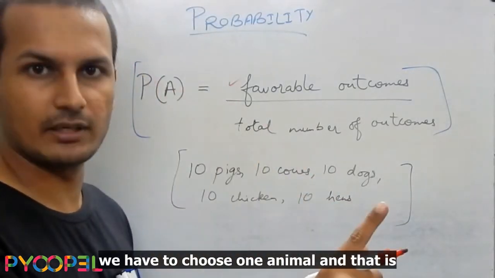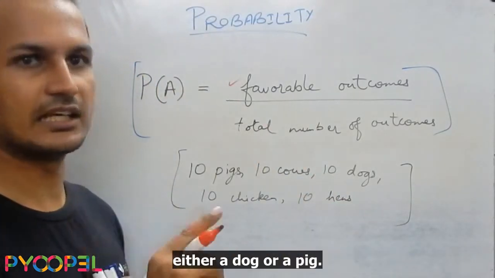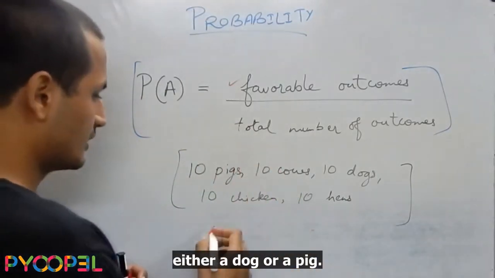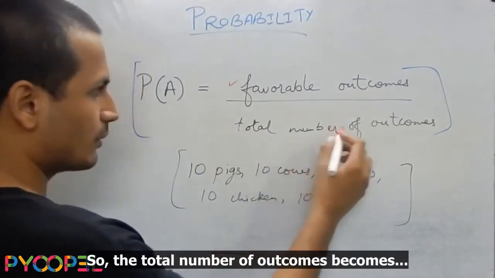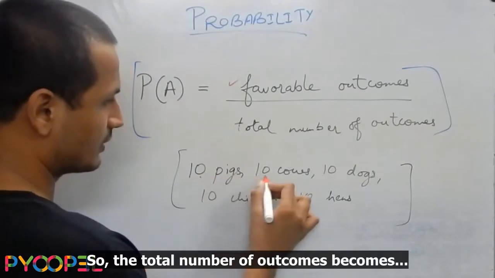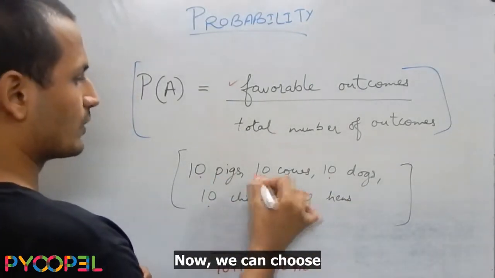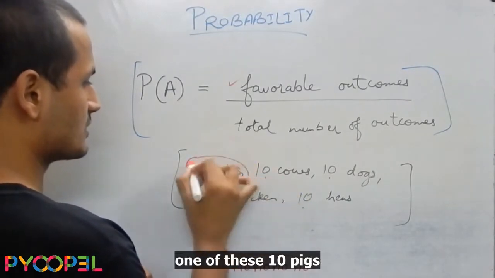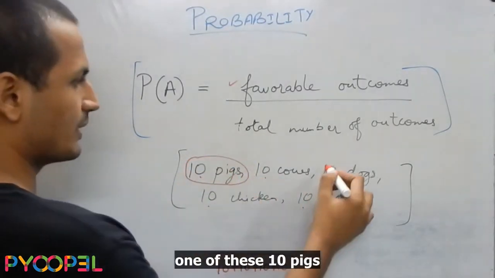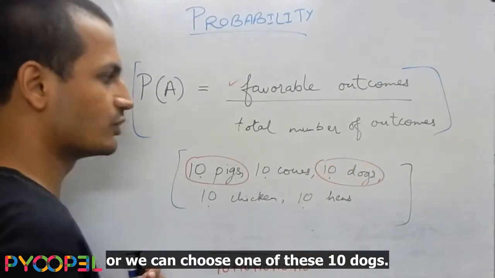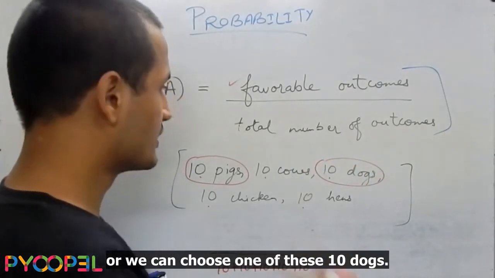Mind you, we have to choose one animal, and that is either a dog or a pig. We can choose one of these 10 pigs, or we can choose one of these 10 dogs.